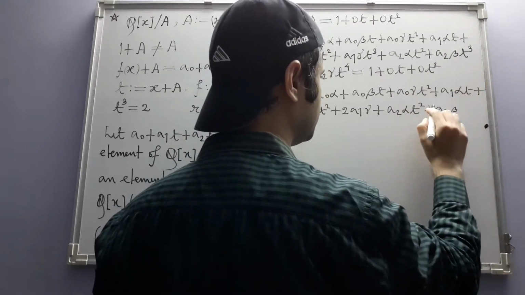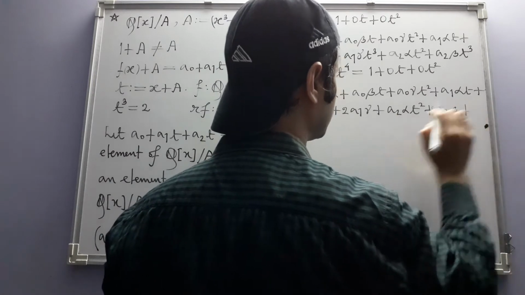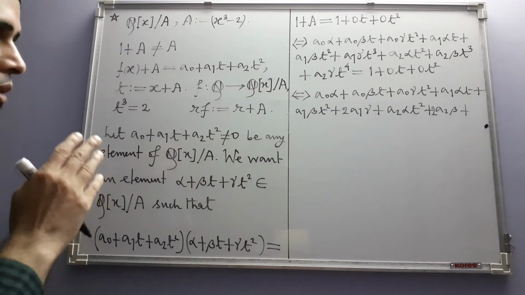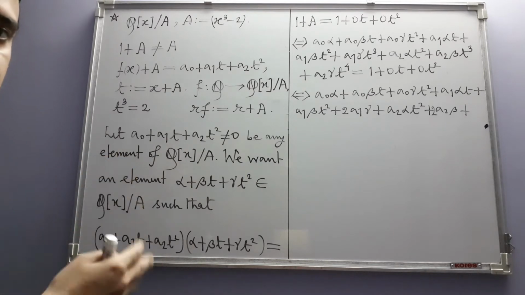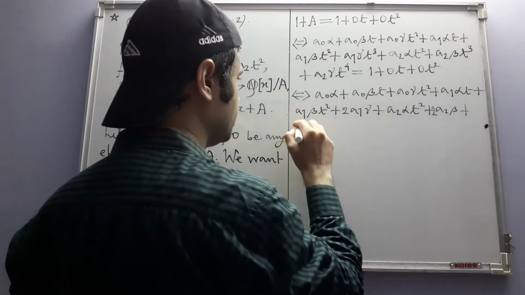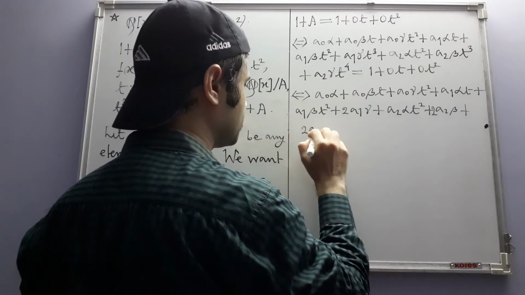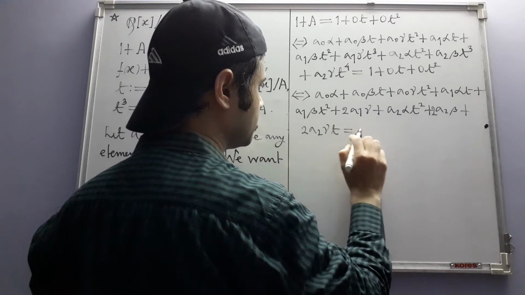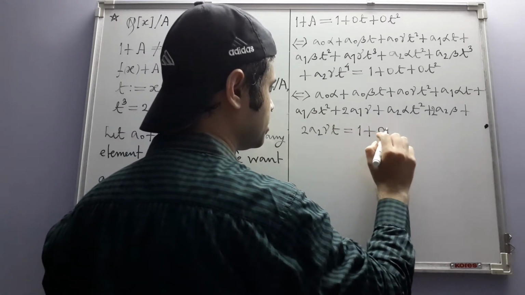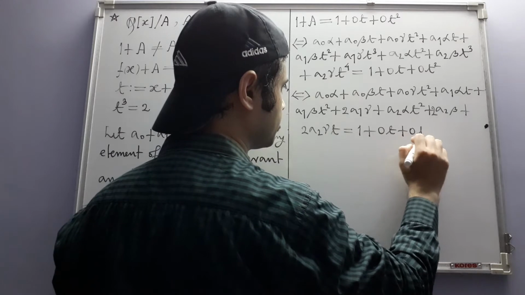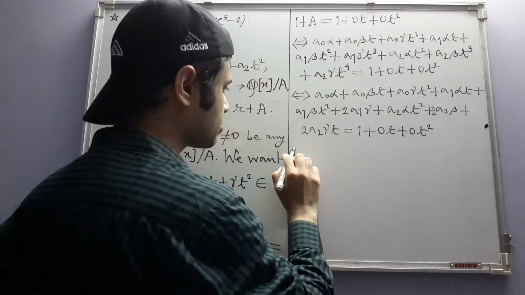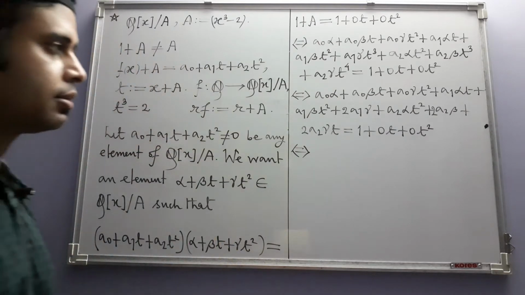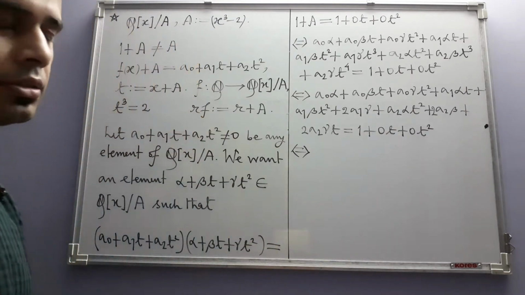In place of t cube we write 2, plus in place of t to the power 4 we can write 2t because t cube times t. So plus 2a2 gamma t. This is equal to 1 plus 0t plus 0t square.